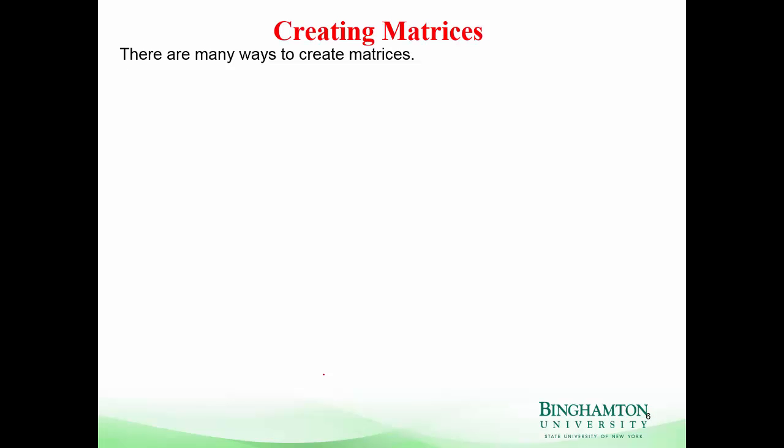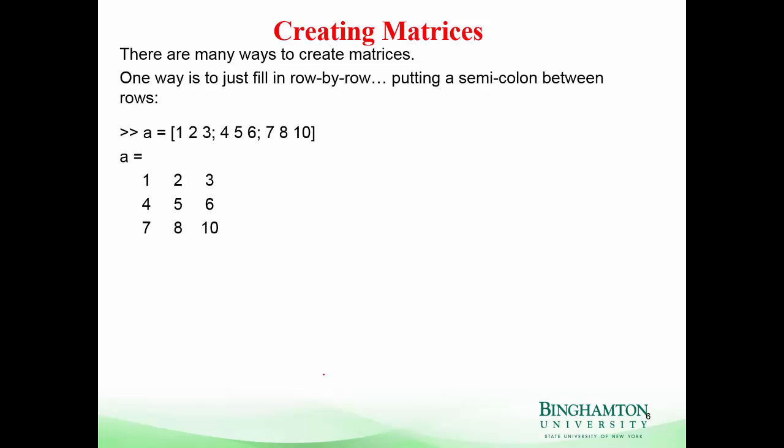All right, so now let's think about how to create matrices, and there are many different ways to do that. In fact, just as I said, there's many ways to create vectors, and we've only touched on a few of those, but those are the main ways. There are equally many ways to create matrices. So one way is to just fill in row by row, putting in a semicolon.